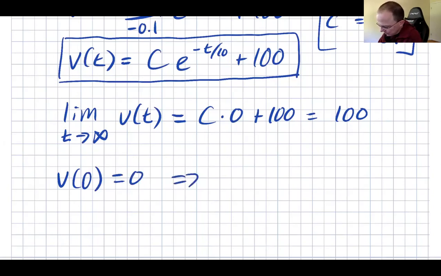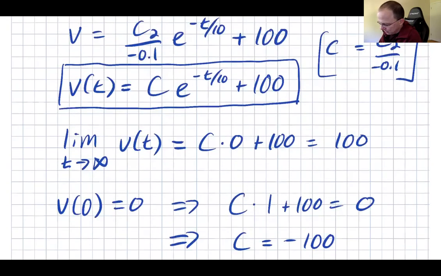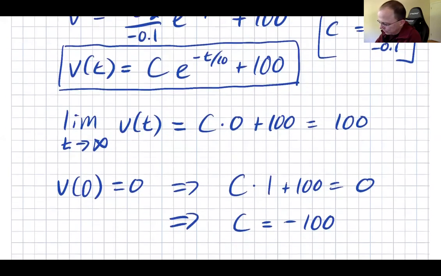So that tells us that we have 0. Oh, let's write it in the same order. So c times e to the 0, which is 1, plus 100. Aha, okay, so this is 0. So that means the c is going to be negative 100. Okay, maybe I should have done that. Well, anyway, that's fine.